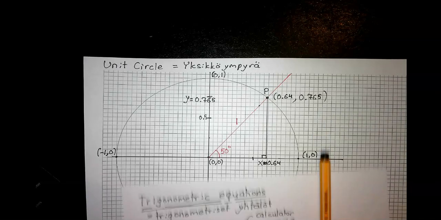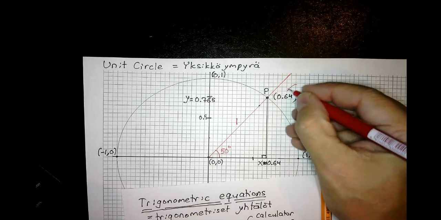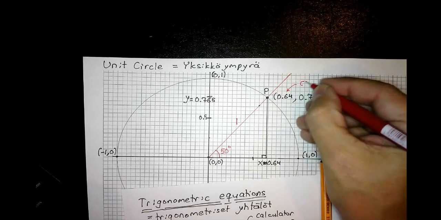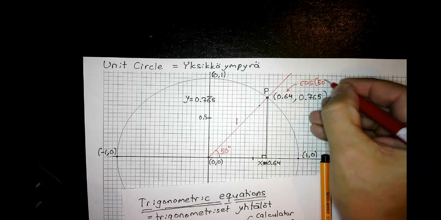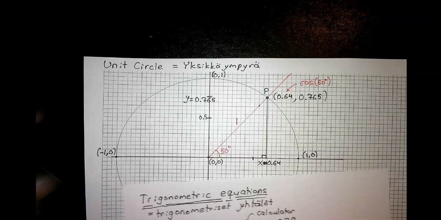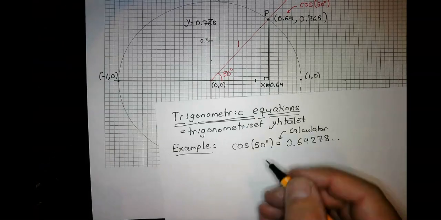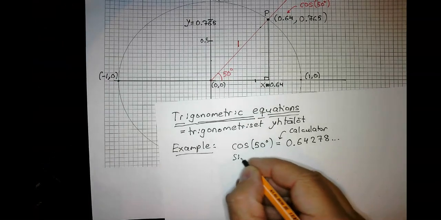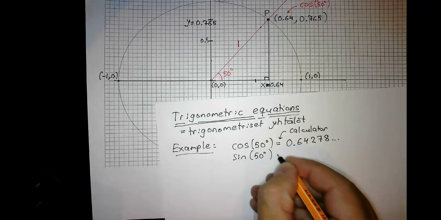So this number here, this is cosine 50 degrees, or almost the same value. If I could draw this picture better, I could approximate that probably better also. And also sine 50 degrees.